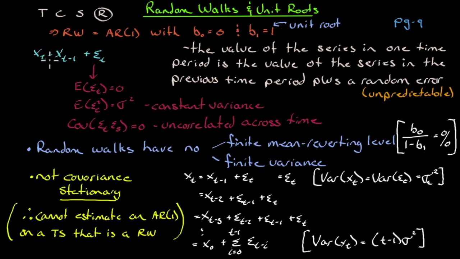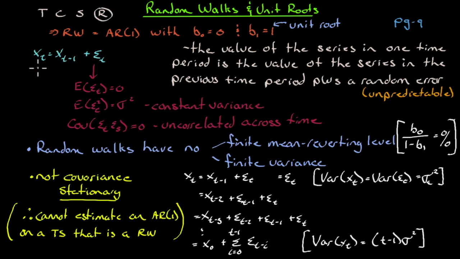So let's write that out. Well, xt would equal b0 plus b1 times xt minus 1. But b0 is 0, so we can drop that out, and b1 is 1, so we can drop that too. So xt, the value of x in time period t, would equal the value of x in the prior period plus some error term.